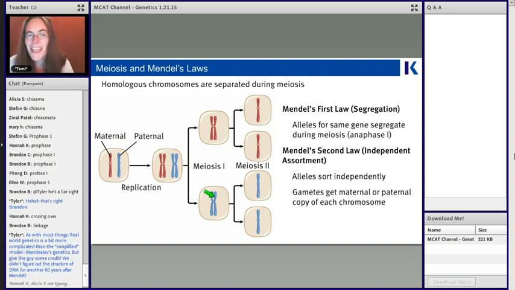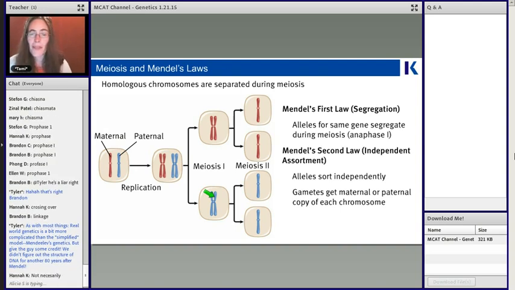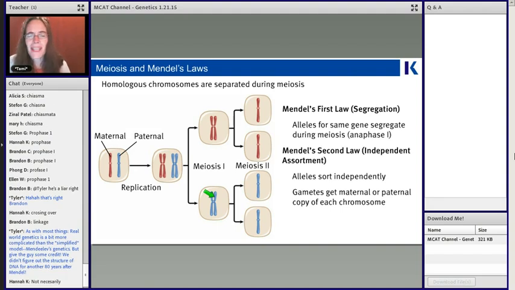No. They're on the same chromosome and they're really, really close to each other. So this was the thing that Mendel didn't quite understand. So he kind of lied to us with his second law. We have gotten more clever since Mendel, and we now know alleles sort independently as long as they're not linked. Okay, so we kept his law, we just added a little bit to the end of the sentence.